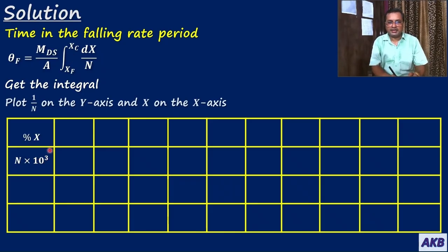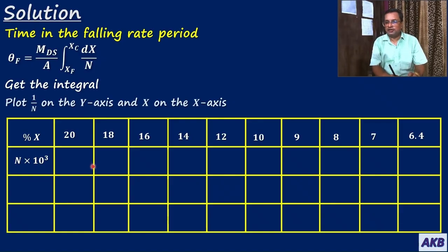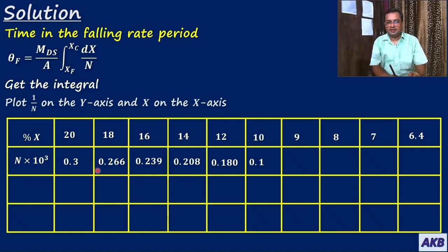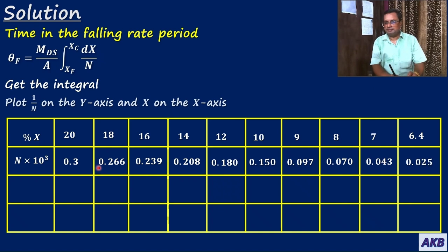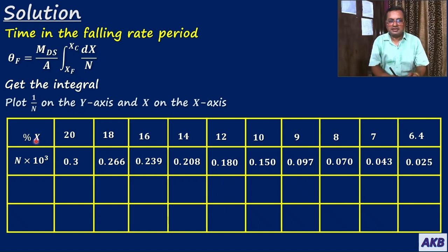So percentage x values and n into 10 to the power 3, these values are given to us. So I'll quickly list all the values that are given to us, and first I will get values of x. How? By dividing the percentage value by 100.